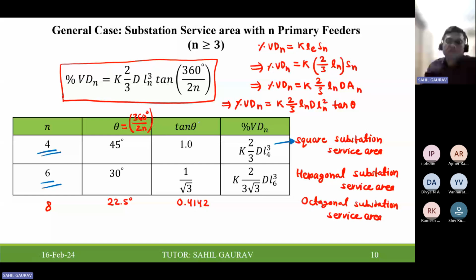In a similar way, you can also find it if the number of primary feeders is 8, that is octagonal substation service area, where theta equals 22.5 degree and tan theta equals 0.412, and in that way you can find this percentage voltage drop. We are mainly focused on a square substation service area and hexagonal substation service area.